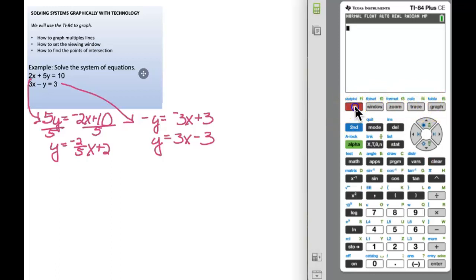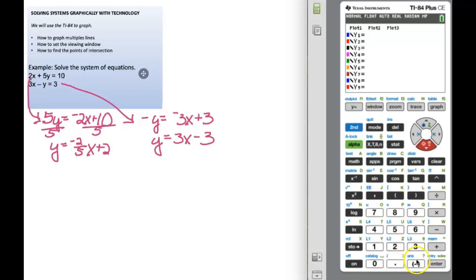So we're going to press y equals, and it gives us a list of y equals that we could put in there. Now mine has plot 1 turned on too. I don't want that, so I'm going to just turn that off. So I'm going to hit enter and arrow back down. So now plot 1's not on. And I'm going to type in the equations.